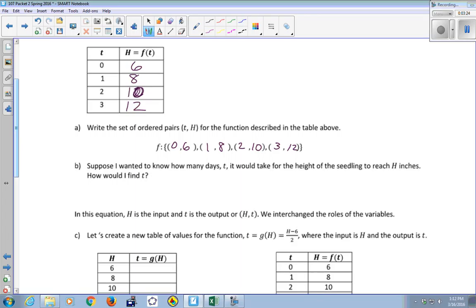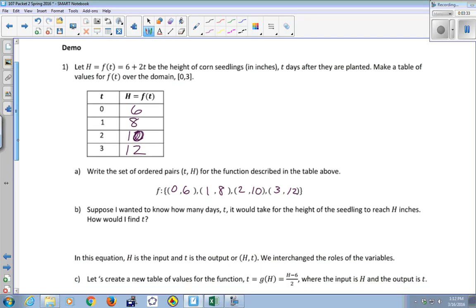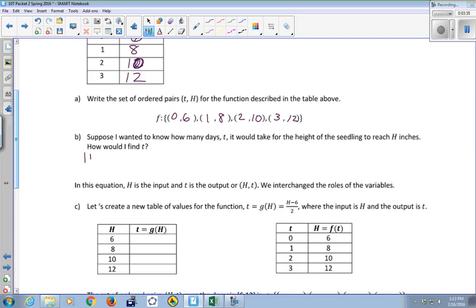I'd have to solve for t. I'd plug in the h that I want, and then solve for t. I would have h equals 6 plus 2t. When I solve for t, I just want to get t by itself, so I end up with t equals, first I'd subtract 6 from both sides, and then I'd divide both sides by 2.